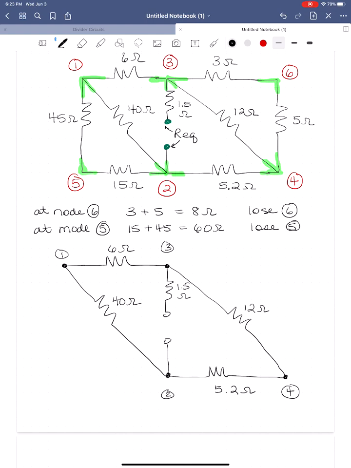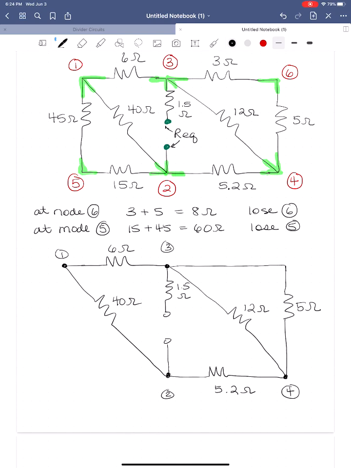Now we're going to add in the equivalent resistance. So at node 6, we had 3 plus 5, so we're going to lose node 6, but we'll still have the equivalent 5 ohm resistor connected between node 3 and node 4. So this is 5 ohms here.